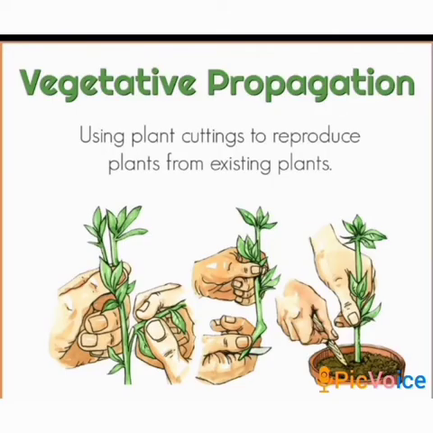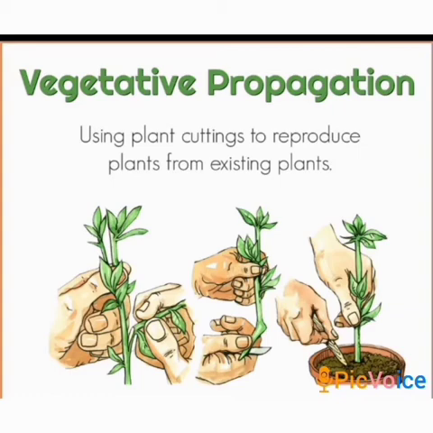Vegetative propagation has some advantages. The first one is all plants produced are genetically similar to the parent plant. The second one is vegetative propagation can bear flowers and fruits earlier than those produced from seeds.